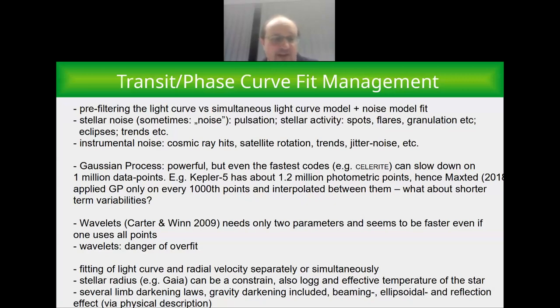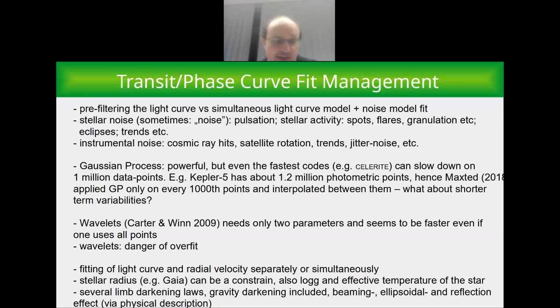But wavelets have a danger of overfitting. Actually, Gaussian processes also have this, so one has to be very cautious. So I applied a penalty function, which is shown in the next slide.